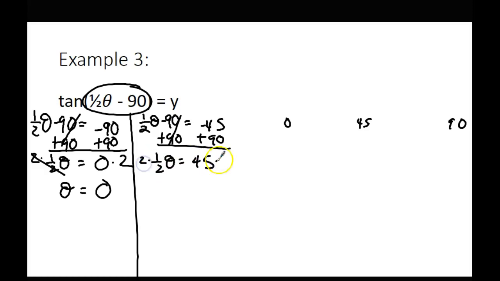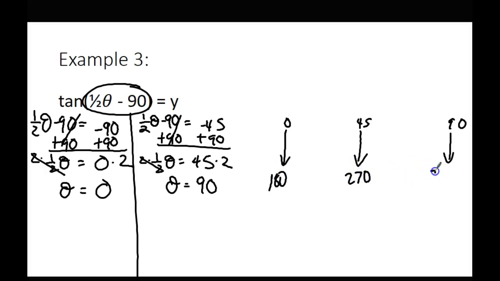Multiply both sides by 2, and I get 90. So what's the pattern? It's going up by? Okay, so I don't need to do the math on the rest of these. I can just add 90. So what's this one going to be? 270, 360. My pattern is plus 90 every time.